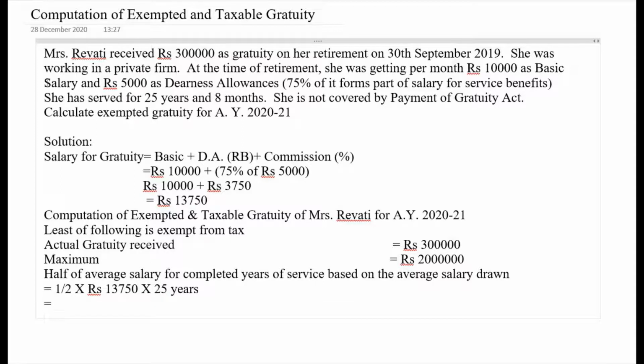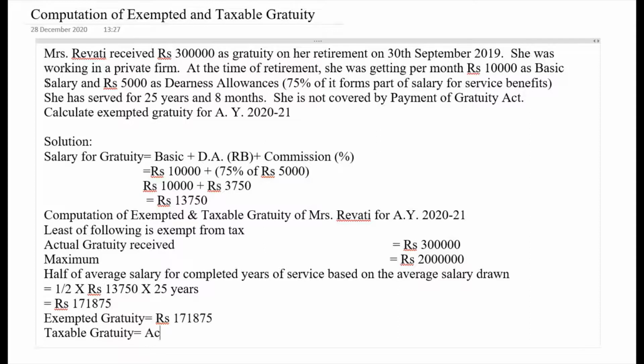That equals rupees 1,71,875. Therefore, exempted gratuity is whichever is the least among 3 lakh, 20 lakh or 1,71,875. That equals rupees 1,71,875.